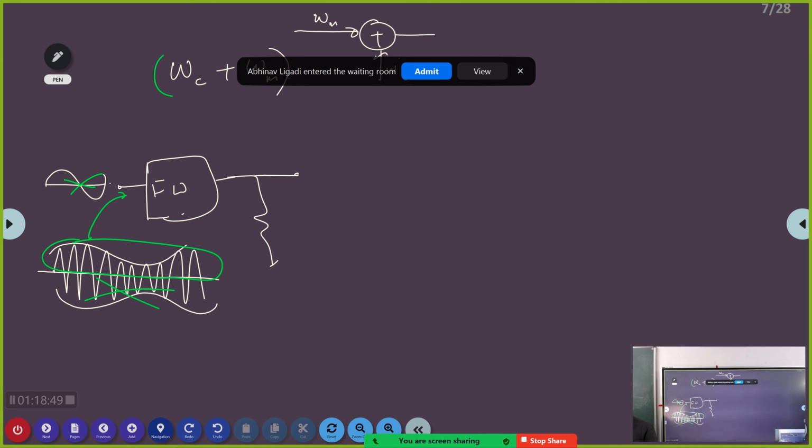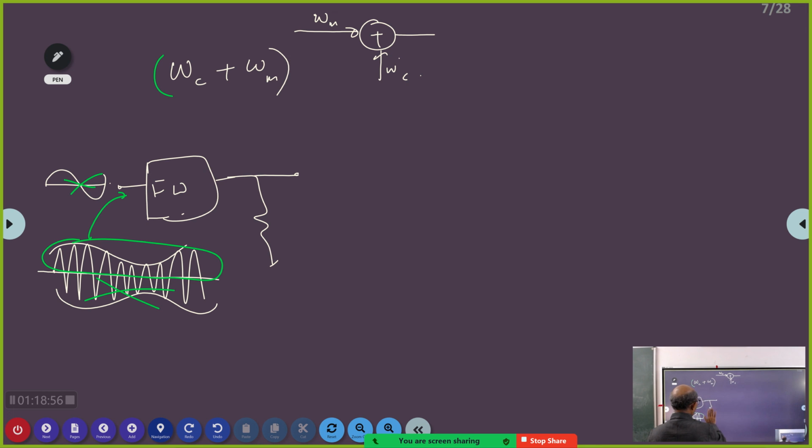So, the envelope detector. Here you have got a forward full wave rectifier. And then it is very simple. All that you have got to do here is you must now have an RC circuit.